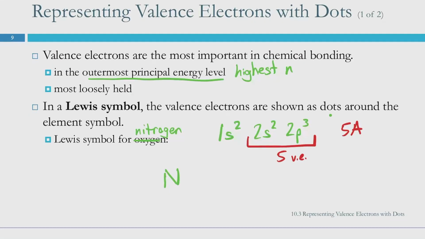So we have 5 valence electrons. We can draw those in as dots. We're going to draw them in singly first, in north, east, south, west directions, and then we can double them up. The location of the dots is not critically important.